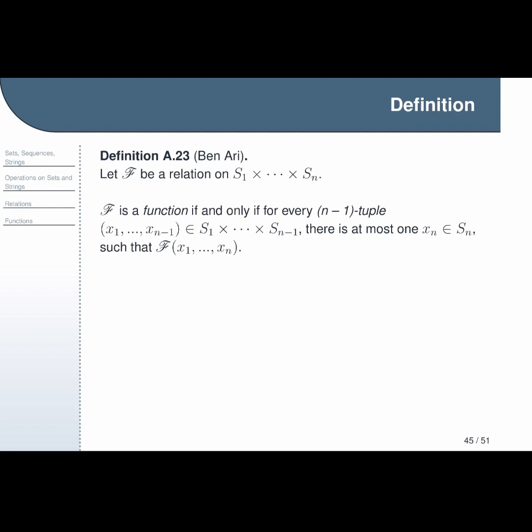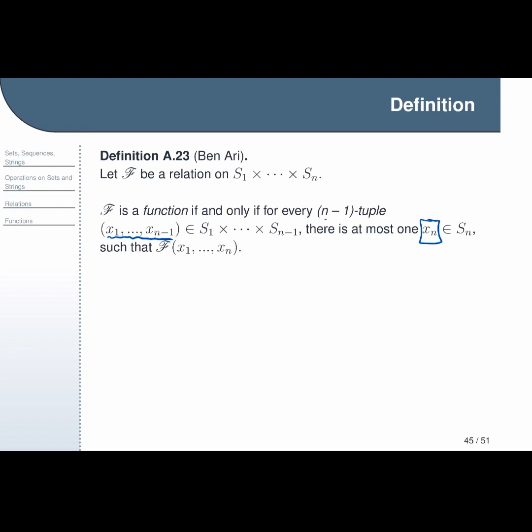All right, so what have we done and what's happened here? Well, notice that in this first tuple, we left out x sub n. And we said that for every tuple that includes everything up to x sub n minus 1, then there's at most one x sub n.